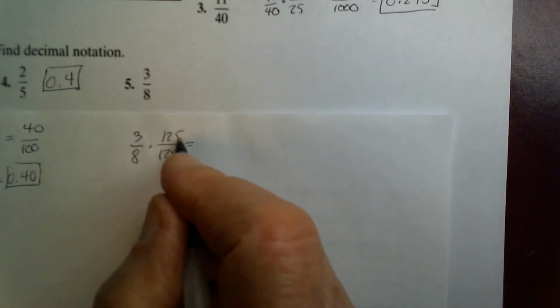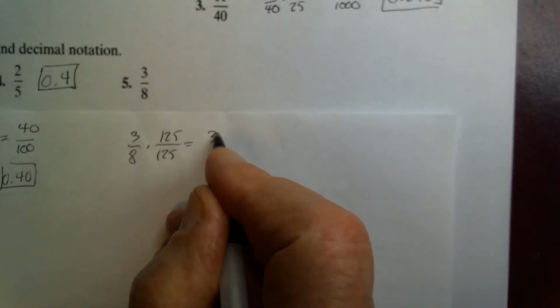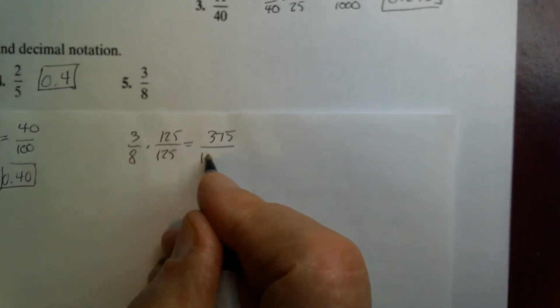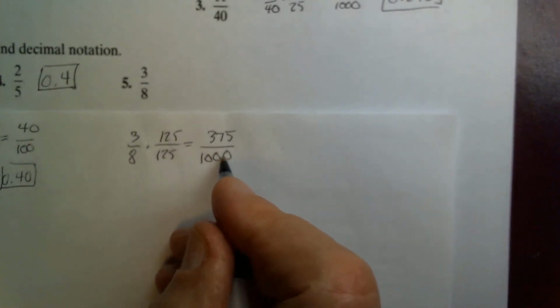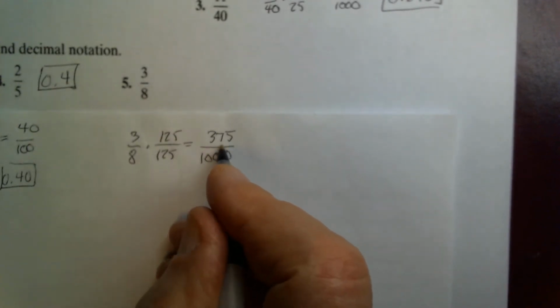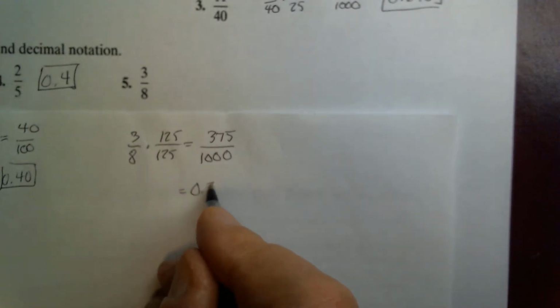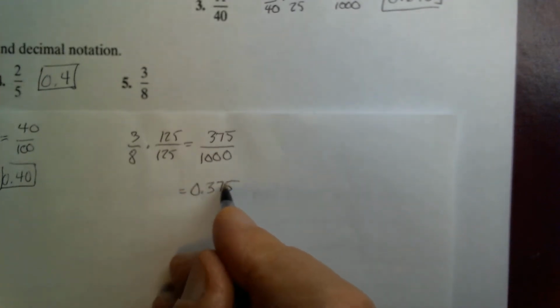And so we have 3 times 125 is 375, and 8 times 125 is 1000. So here we have 3 zeros in the denominator. We move the decimal 3 places to the left, and this is then equal to 0.375.